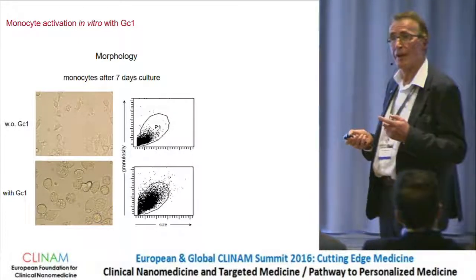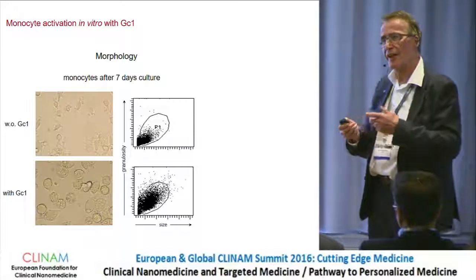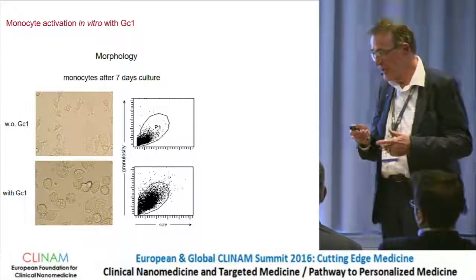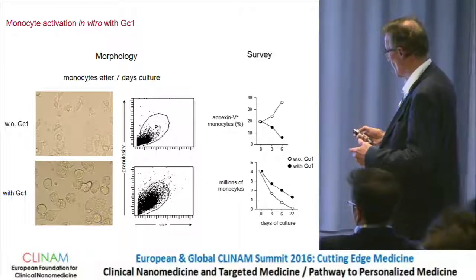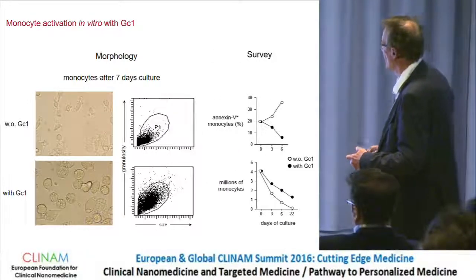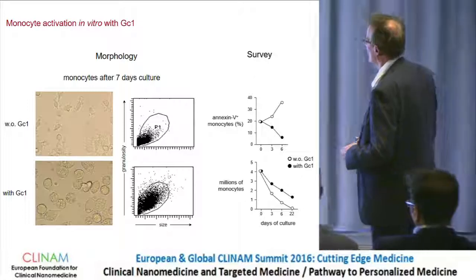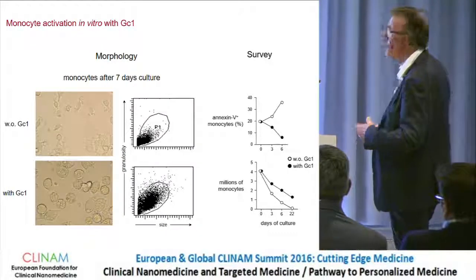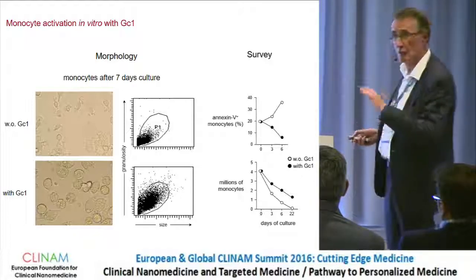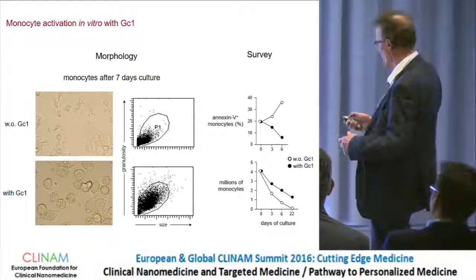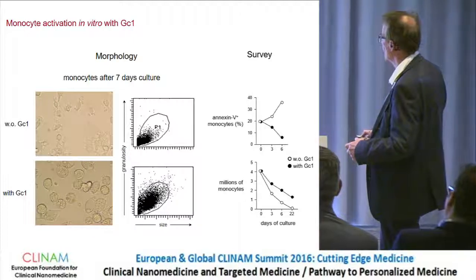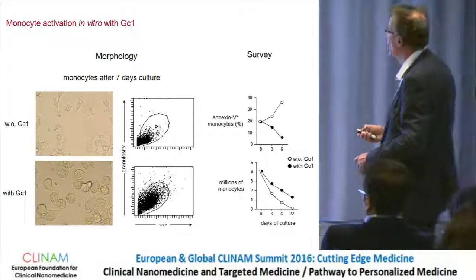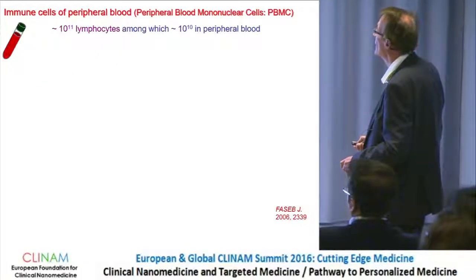This is the first step, and we change the size and the granulosity of the monocyte, and also we change the lifetime of the monocyte. You see, for example, this in white, the lifetime for monocyte only, and when we add dendrimers, you can have a look here, we increase the lifetime of the monocyte. This was the first step.